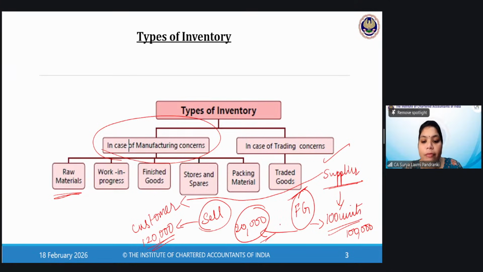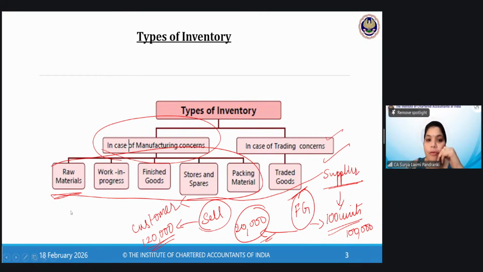You keep adding some profit and then you sell it. Did you do any manufacturing or any work in progress, or are any raw materials added? Nothing. This is called a trading concern, where traded goods are completely purchased and sold without involvement of any raw materials, right?